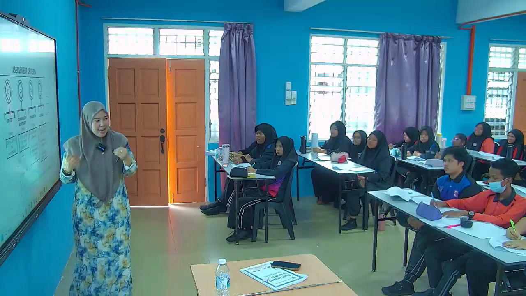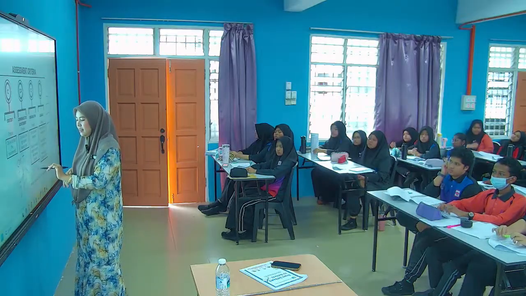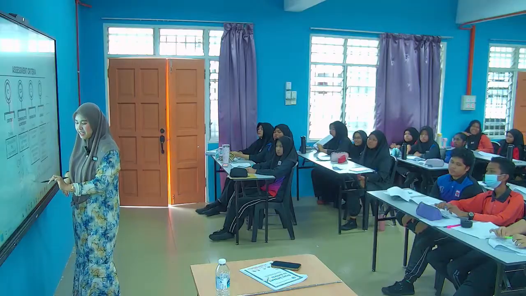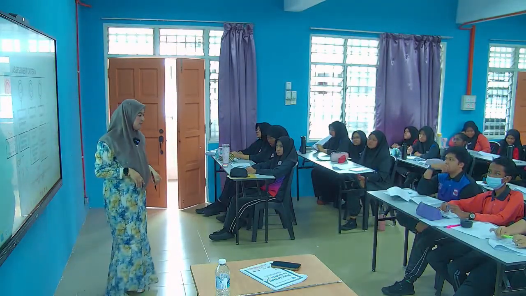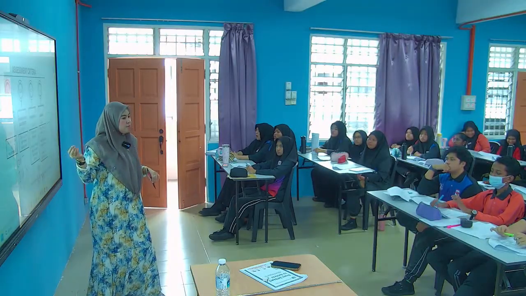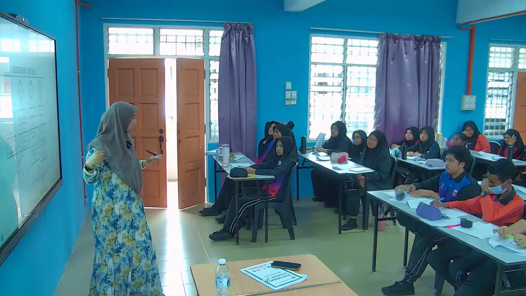So under paragraphing, for the first paragraph, what do we have? We have an introduction. And then followed by points, the body. How many points do you have? It's up to you. But compared to part 3, more elaboration is needed for part 3.